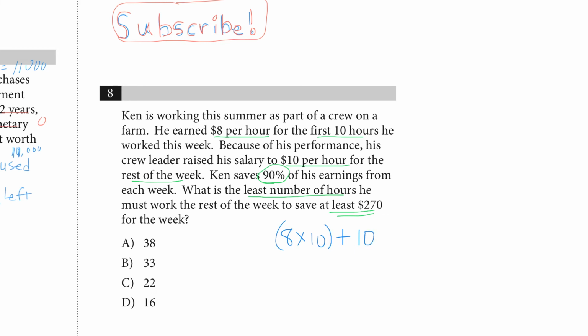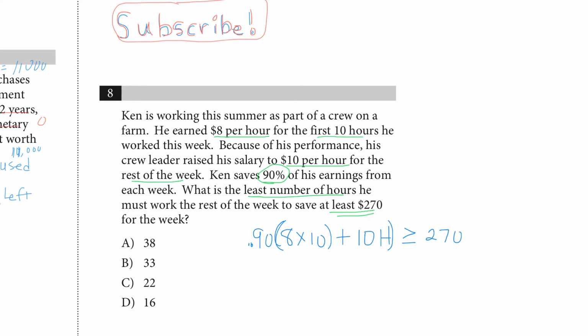Let's call that H. However, H would be the number of hours for the rest of the week. And he's going to save 90%. And what is the least number of hours so he can save at least $270? And he's saving 90%, right? So this is going to be times 0.90. He's saving 90% of whatever he earns.